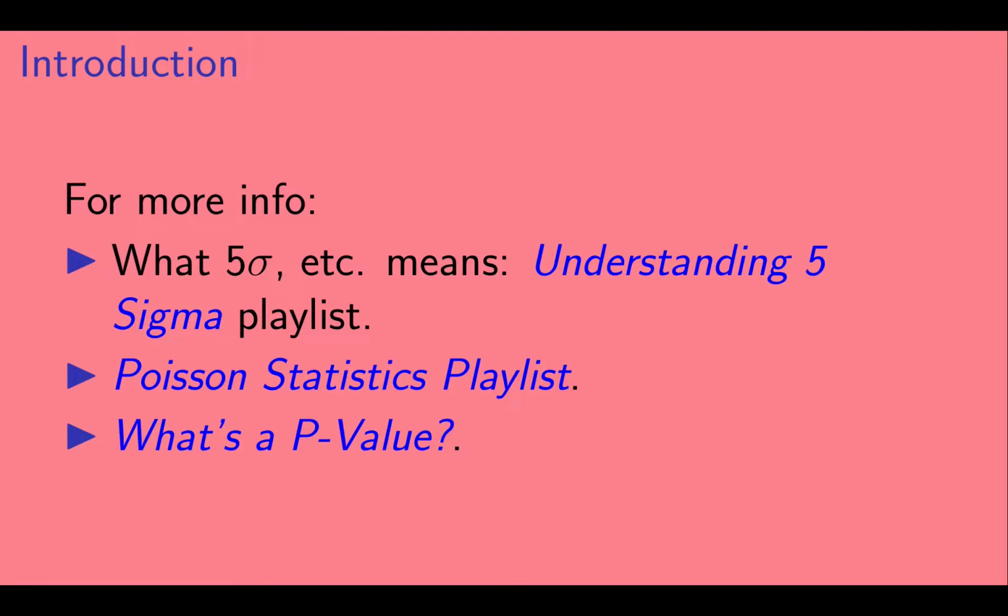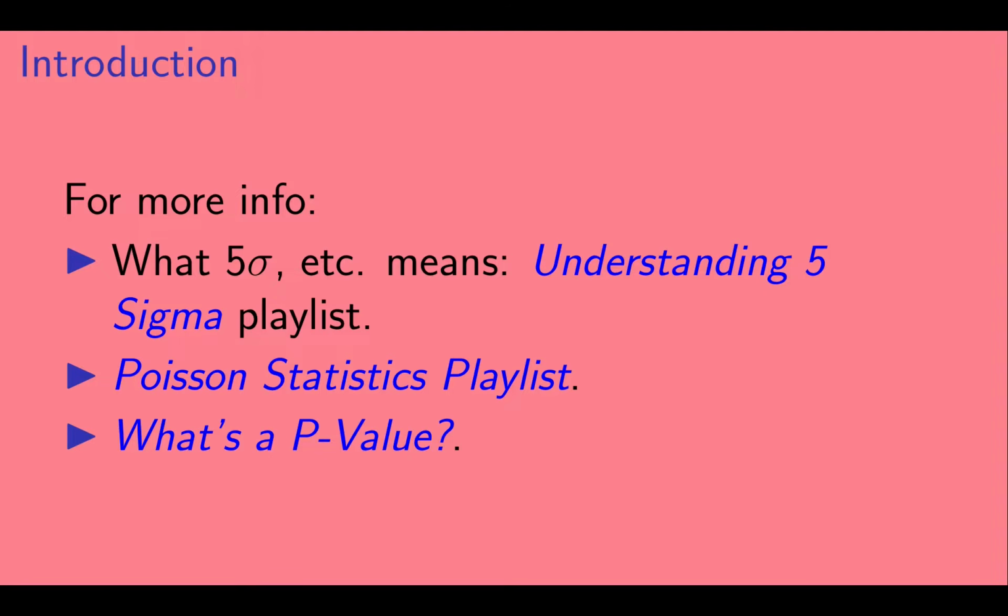This video will refer to some statistical concepts that we won't explain here, but are explained in other videos. We'll be referencing the 5 sigma convention that particle physics experiments often use for deciding whether or not to declare discovery. If you want to know more about that, you can check out the videos in the playlist entitled Understanding 5 Sigma.